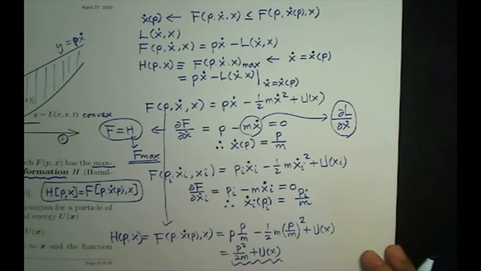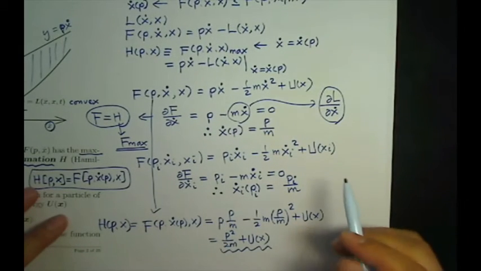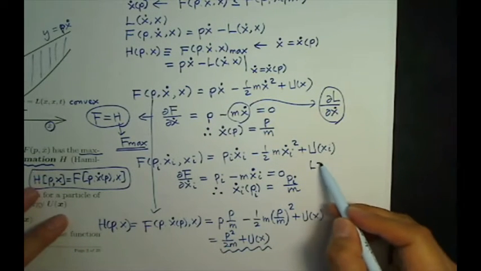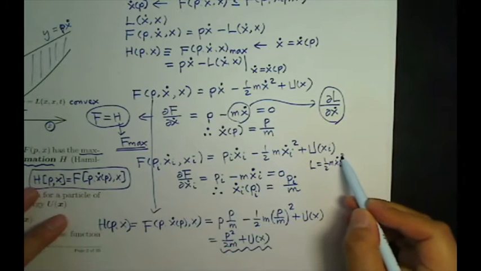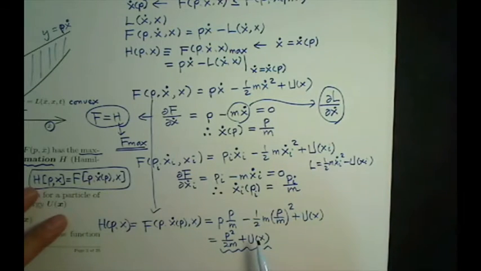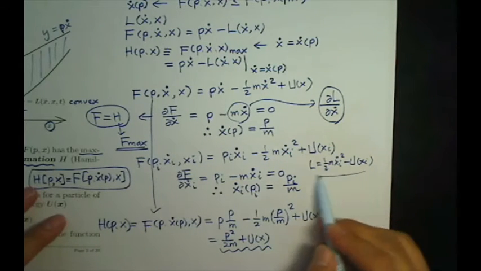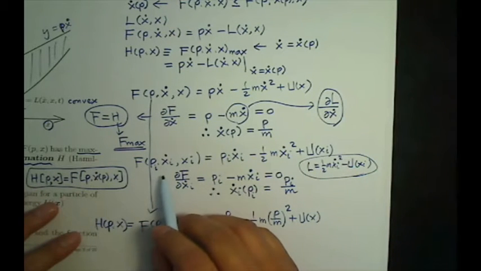If we extend this method to the three-dimensional case, our Lagrangian is 1/2 m x i dot squared minus potential energy. By making use of this Lagrangian, we construct the f function.